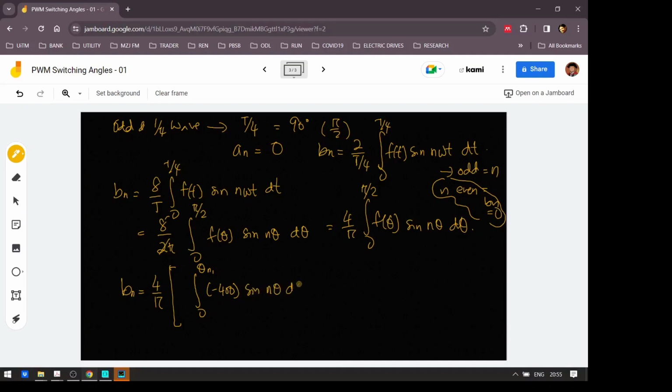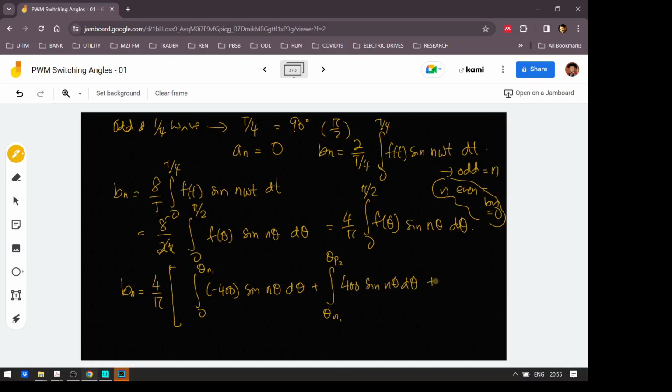d theta. Then plus the next integral, from theta n1 to theta p2. This is 400 multiplied by sine n theta d theta.